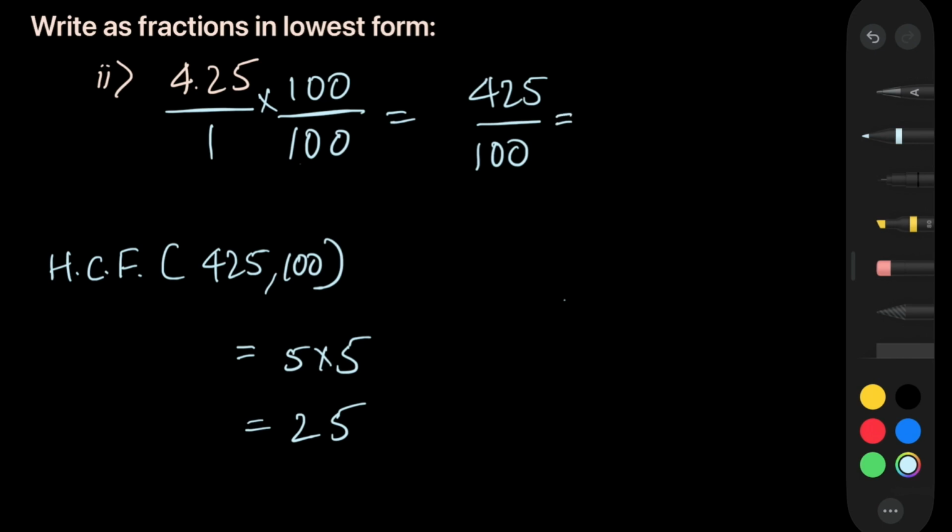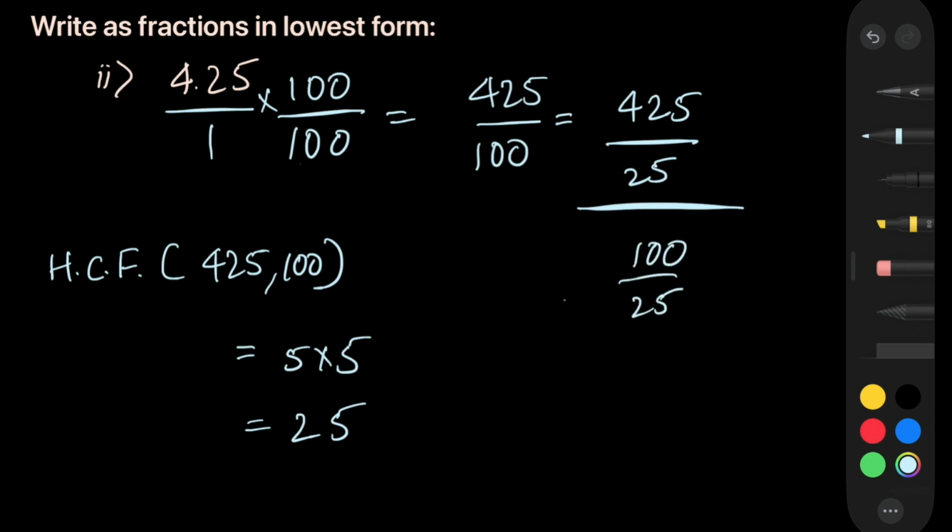So 425 by 100 can be rewritten as 425 by 25, and the whole thing divided by 100 by 25. So 25 goes in 100 4 times, while 25 goes in 425 17 times.